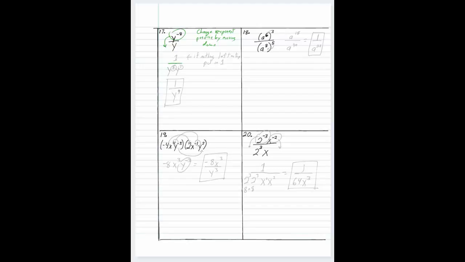So we get y to the 8th and then y to the 1 on the bottom. If there's nothing left on top, put in the number 1. And then we'll add 8 and 1 together, and we're going to get 1 over y to the 9.